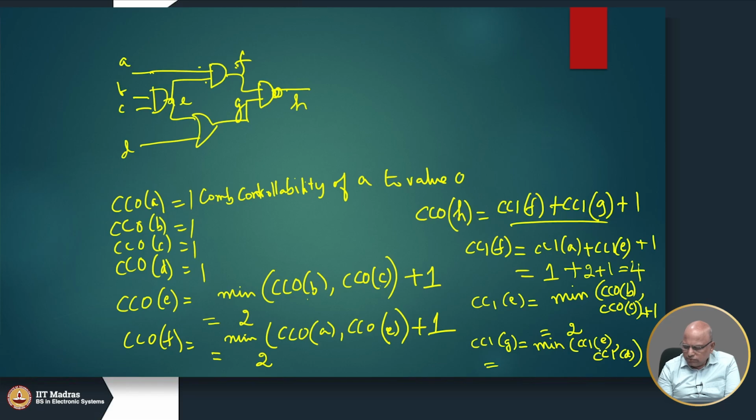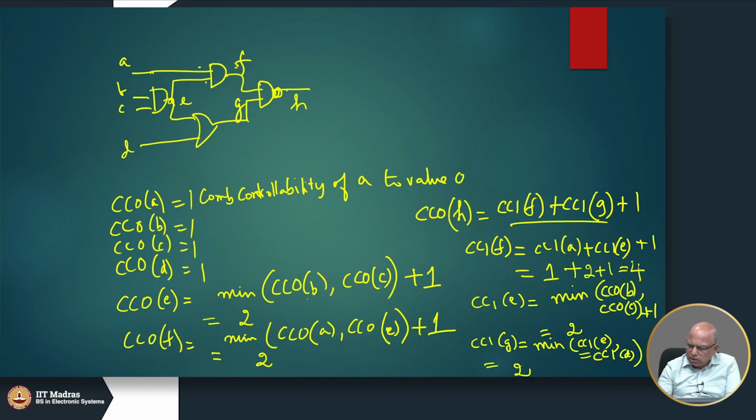So, CC1 of e is nothing but min of CC0 of B or CC0 of C plus 1. So, this becomes 2 and D is 1, okay, because it is one of the primary inputs. So, minimum 1 and 2 is 1, 1 plus 1 is 2. So, CC1 of G is 2.